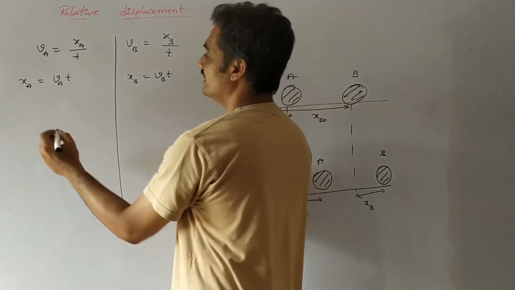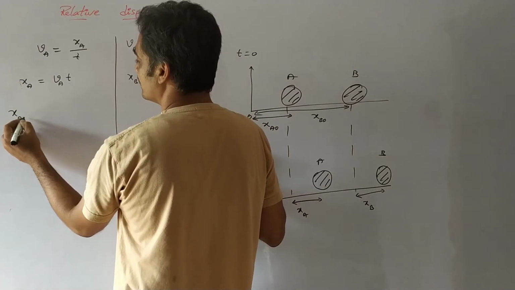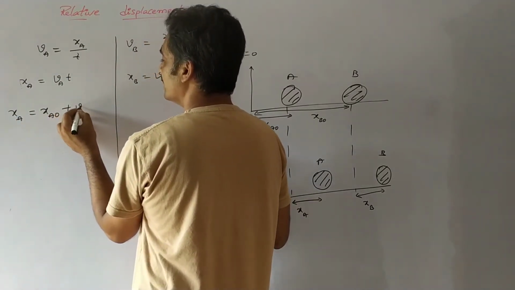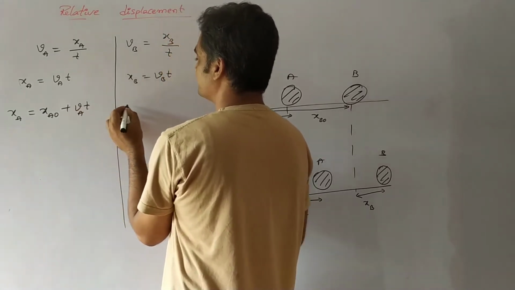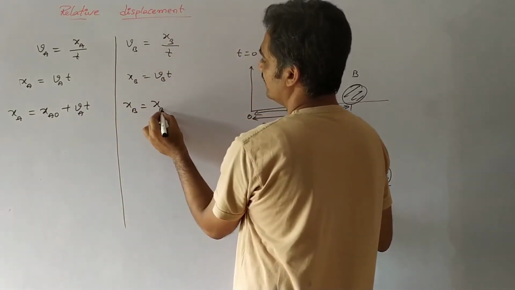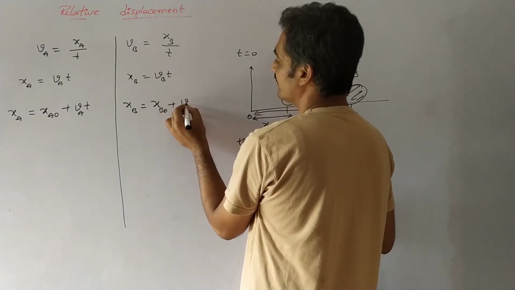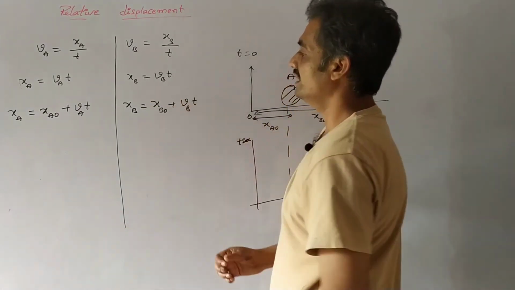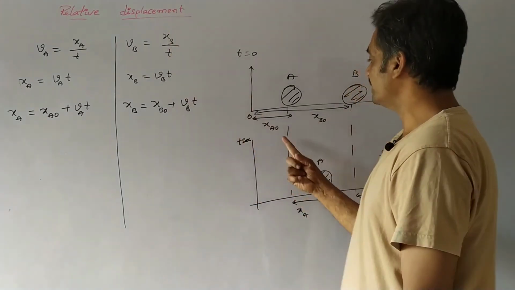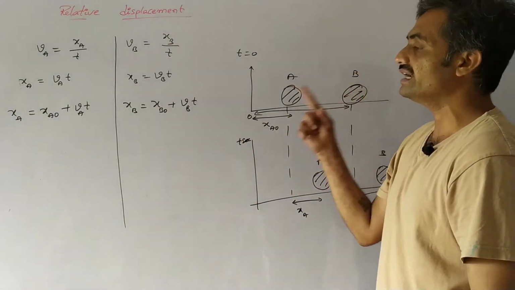Then we can write x suffix a equals initial position XAO plus v suffix a into t, as well as x suffix b equals x suffix bo plus v suffix b into t. It represents the positions.